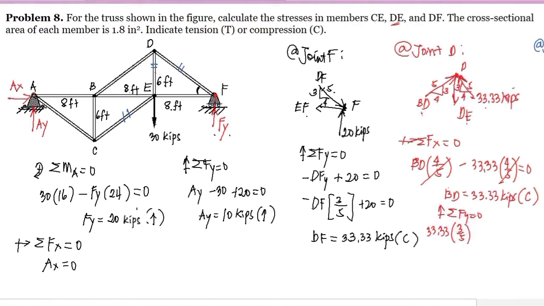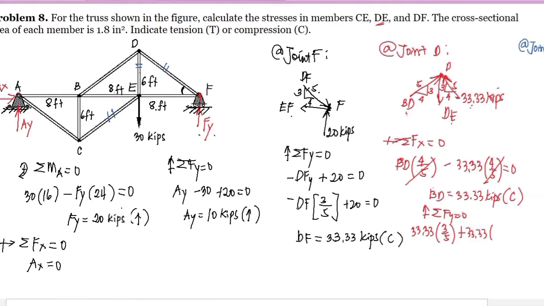And kung titingnan natin dito, CDF, which is also 33.33, is directed to quadrant 2. So positive yung Y component nito. So we have here plus 33.33 multiplied by the Y component, that is 3 over 5. And the DE is directed downward, so it's negative. DE is equal to 0.